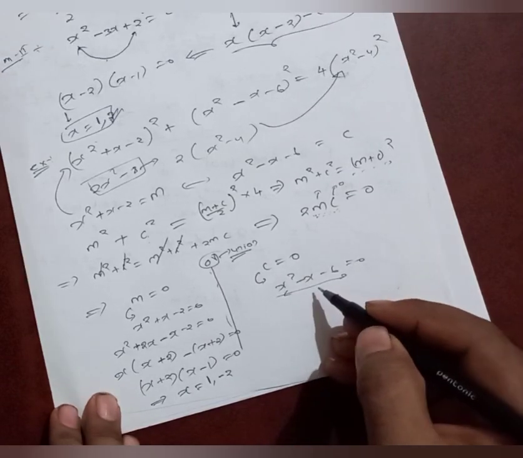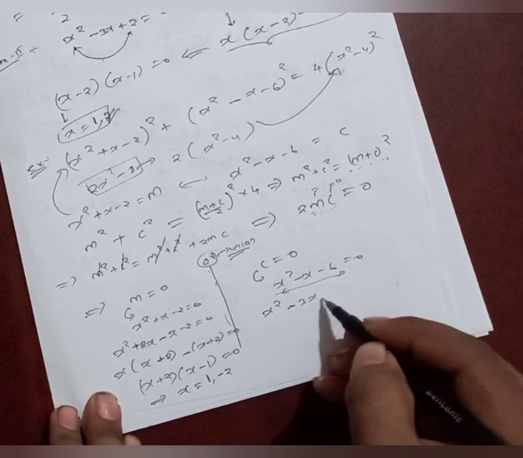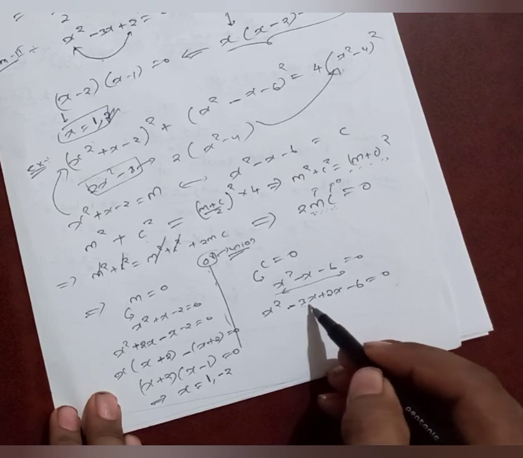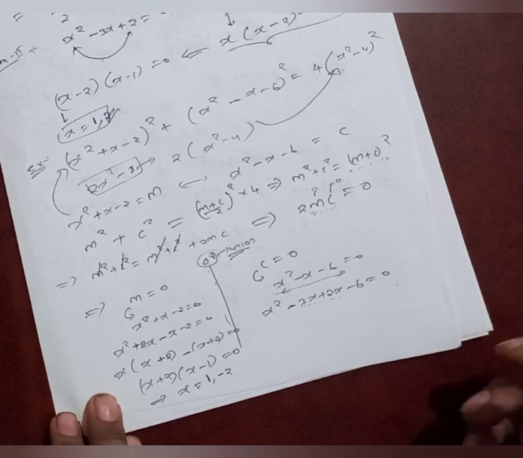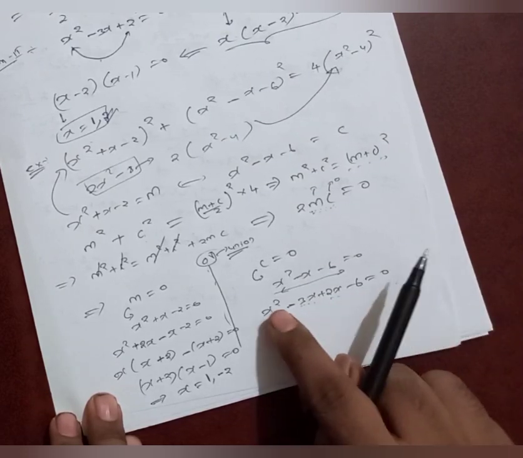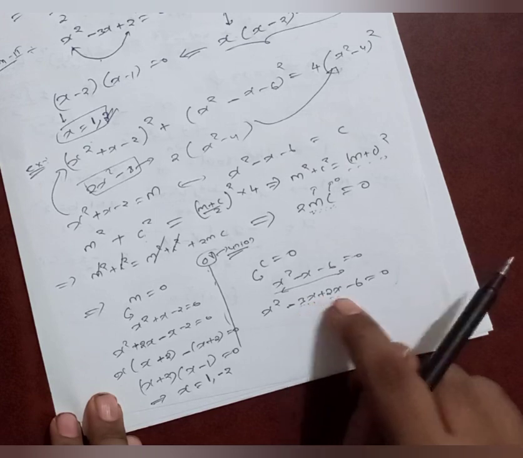Now let us solve this quadratic through the factorization method. Friends, why have I written −3x + 2x? Because when I sum these I should get −x, and when I multiply these two terms I should get −6x².